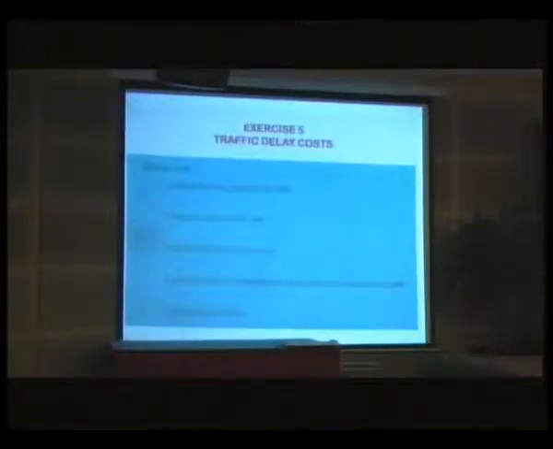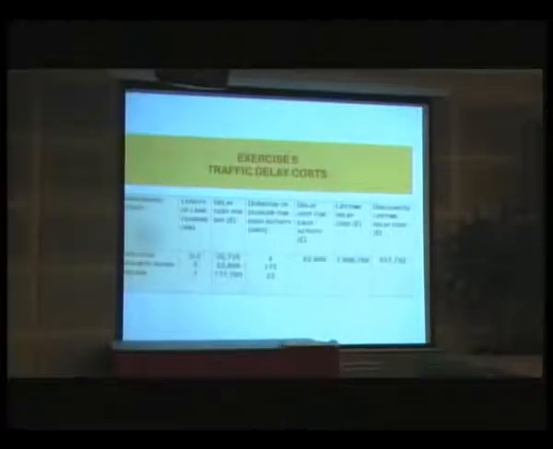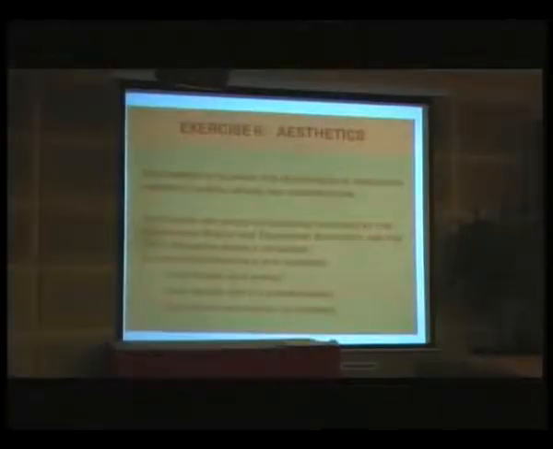The other cost is the cost of these traffic delays, and again, there are well-established procedures for calculating the traffic delay costs. So let me just carry on. There's an example calculation provided, which enables you to calculate what the traffic delay costs are for inspection, and then you can go ahead and work out the cost for the other things.